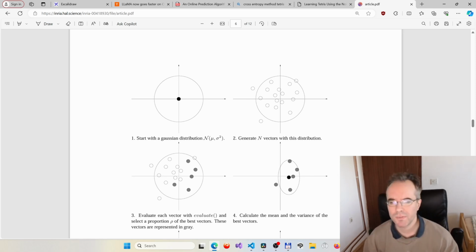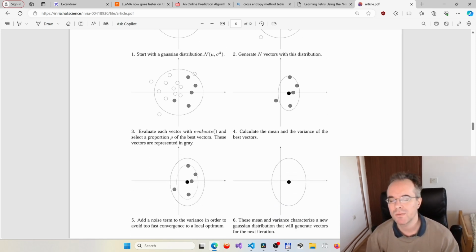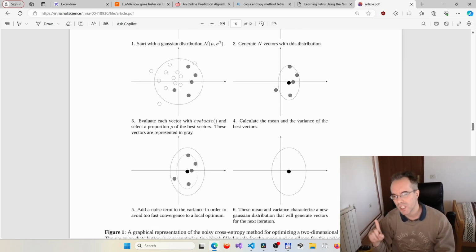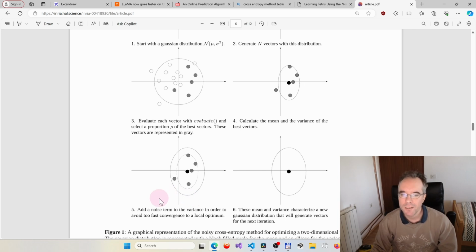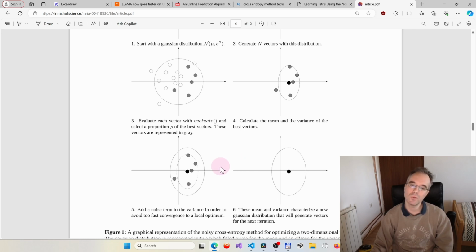One of the main changes to this method that we're going to do is we're going to take a trick from genetic algorithms, and instead of completely getting rid of the previous points, we're going to keep them around, and instead only use this mean and the variance to generate a bunch of new points. In other words, we're going to leave in the previous winners. And I think that will lead to much more stable training.